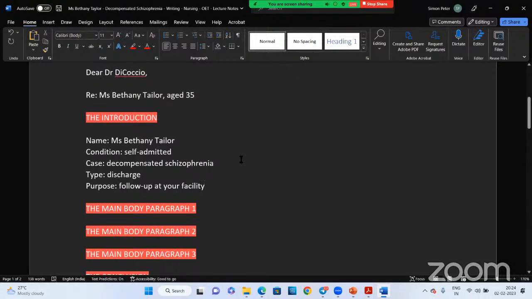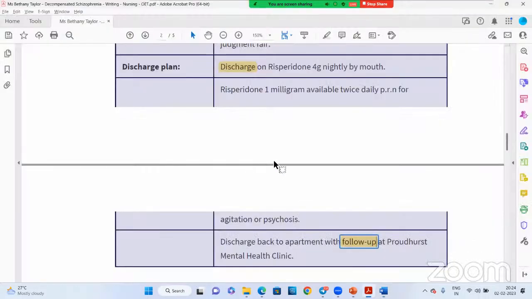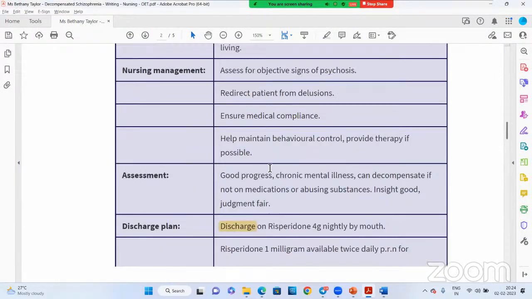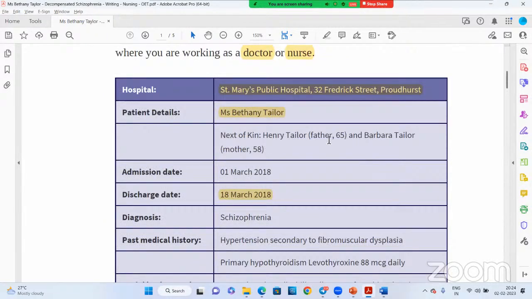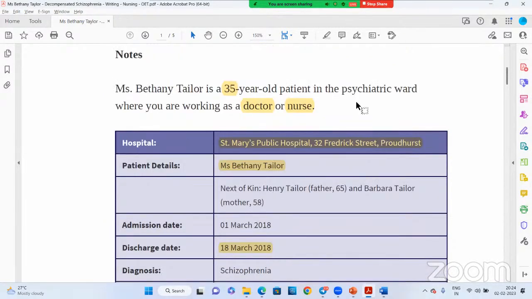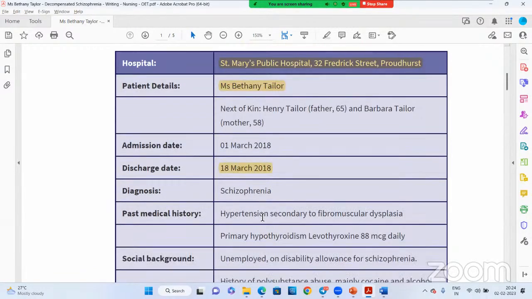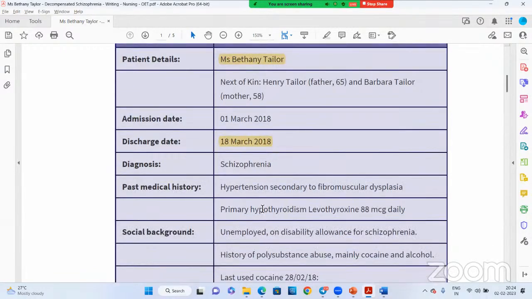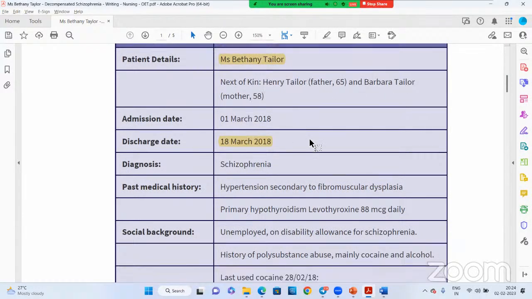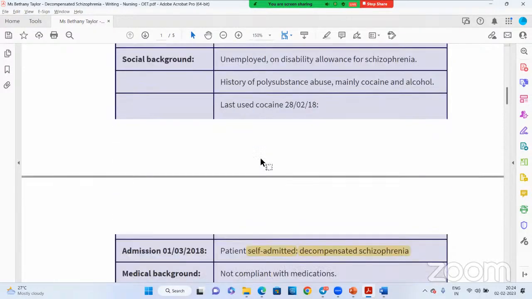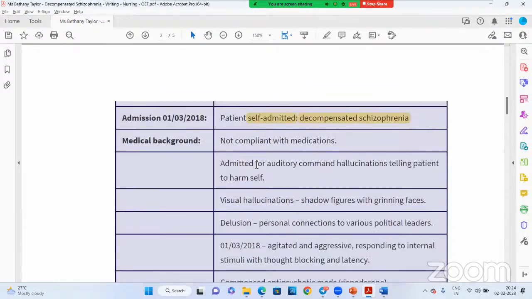And discharge. Discharge where? Where is she going now? So next of kin Henry Taylor and Barbara Taylor. So she will be going to live with her parents. Okay.